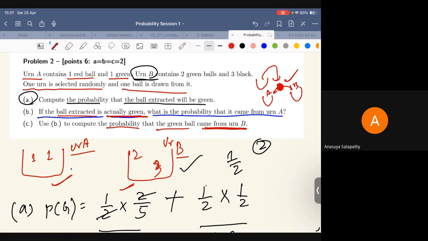So it is saying the probability of getting the ball green from bag B. That means probability of B given G: my ball is already green, but I have to choose from the bag B.